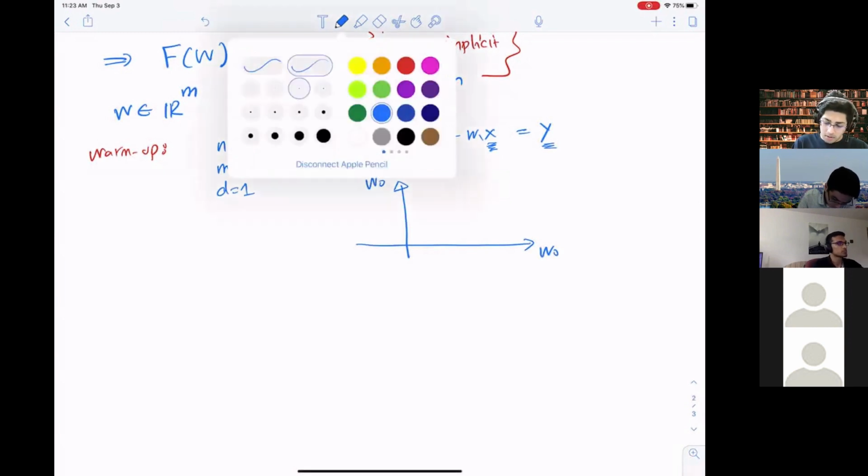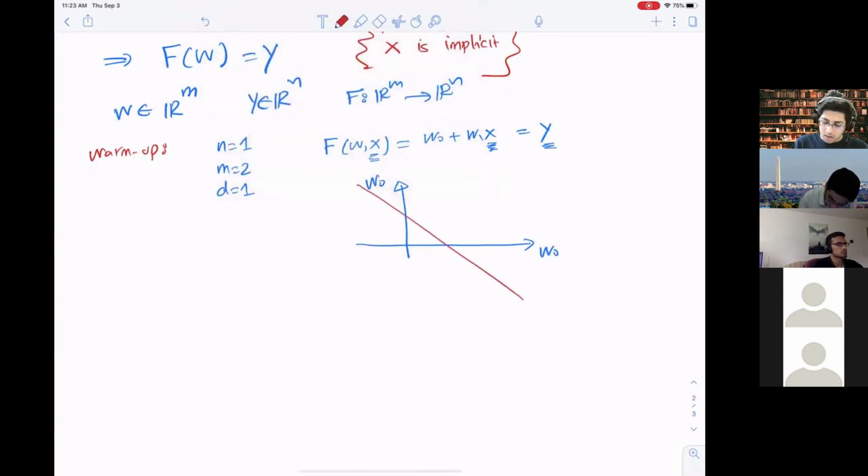If I look at this line, here this is W, this is Y over X, and this is Y. So this is the line of all of my solutions to this system of equations.